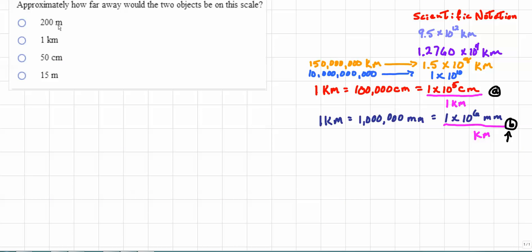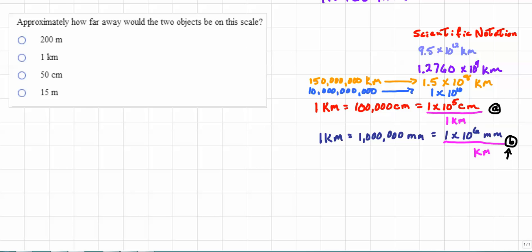This part B wants to know how far apart or how far away would the two objects be on this particular scale. So we're going to be looking at the distance between the two objects. That's going to be from the Sun to the Earth, which is 150 million kilometers. We'll go ahead and take that and convert that to 1.5 times 10 to the 8th power, which we have right over here.